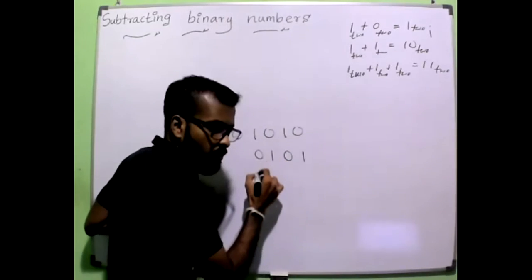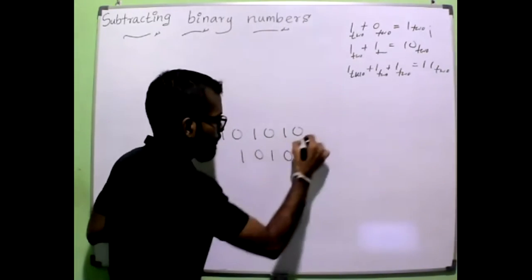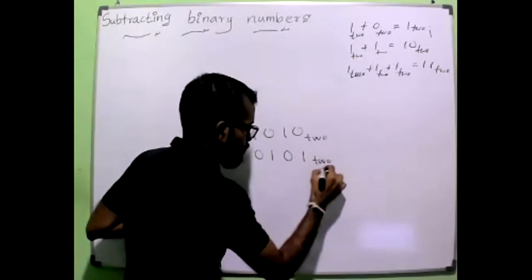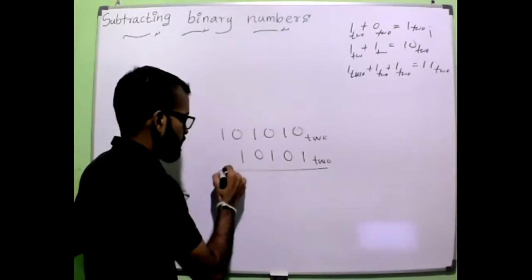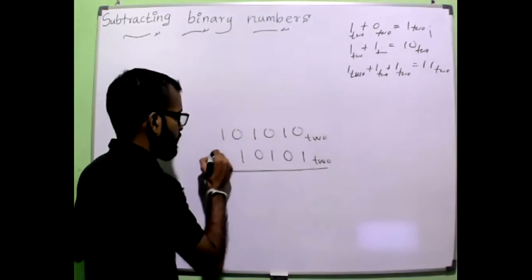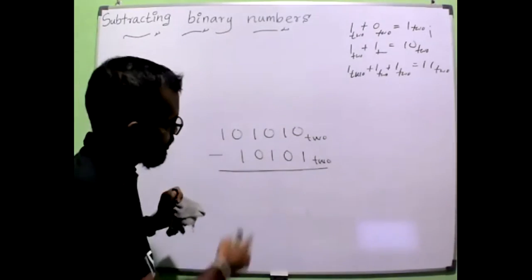Base is 2. So you need to be very patient. I mean, you need to be very calm, right? When you are doing this.